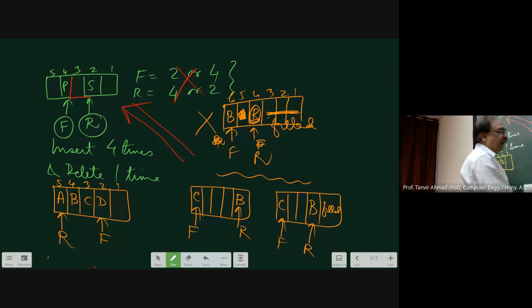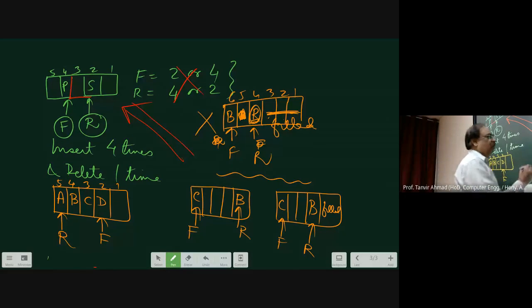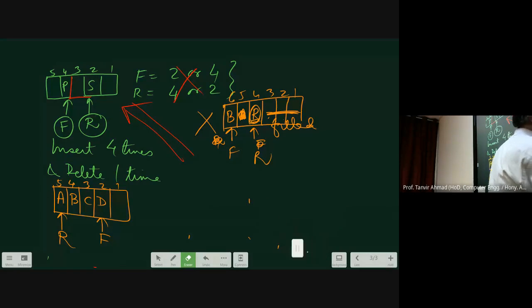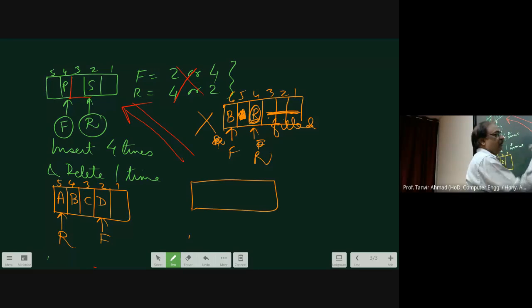Therefore, R pointing to 1 and F pointing to max is perfectly correct. But R pointing to more than that is not possible. Now let us try to understand one more. Now just try to understand one thing.